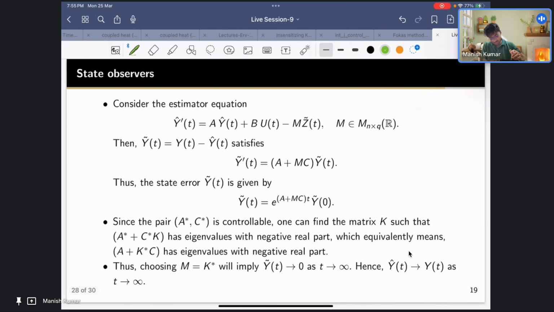So you consider this estimator equation. Over here this M is not known to you. This A, B you know, y hat is the estimation, u(t) you know, z tilde is the difference, but the main thing is that M you don't know, and M is something that you want to find. M is an n cross q matrix, where q is the number of components of the observation.